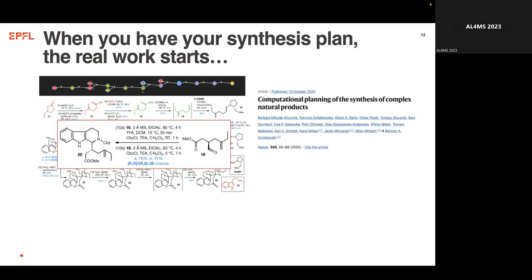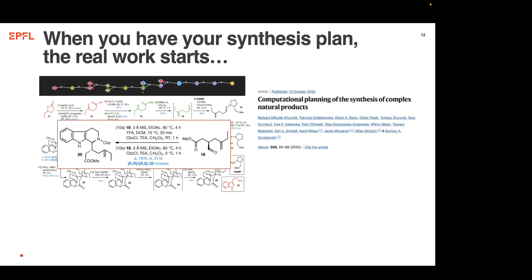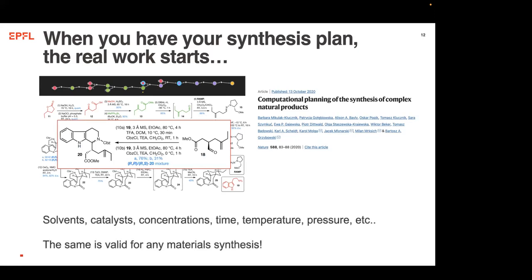And if you look at all those single steps, you have solvents, catalysts, concentrations, time, temperature, pressure, a lot of different reaction conditions and variables that currently are still tuned by the human chemists, and they require a lot of intuition. And this is also true for any material synthesis, I would say.